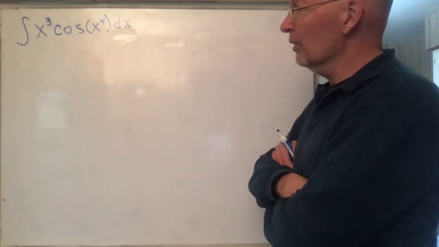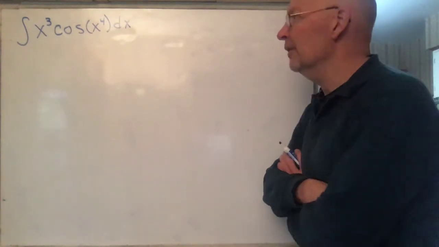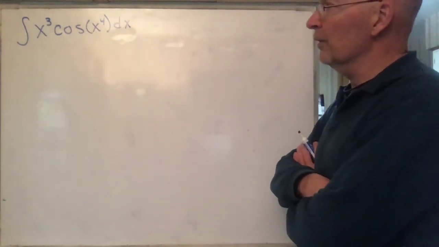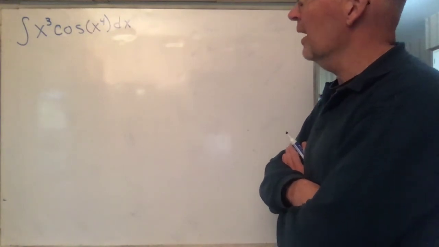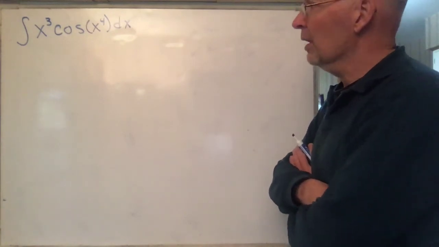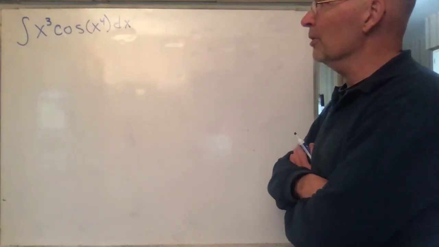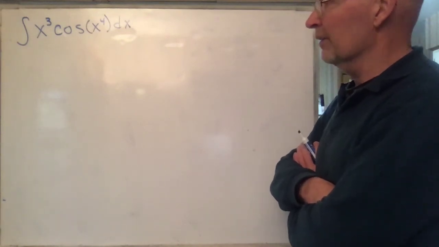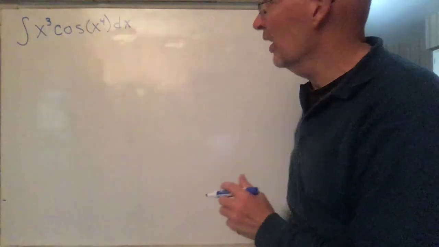Okay, well, what I'm going to show you right now is called the method of substitution, and it's basically kind of doing the chain rule in reverse. Here's what you do. You look at that and you ask two questions. First question is, what is it that makes that impossible to find the antiderivative of? The first thing that should come to your mind is, we've got the cosine of x to the fourth.